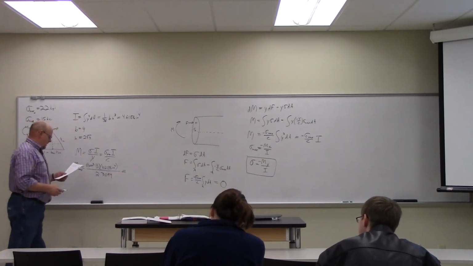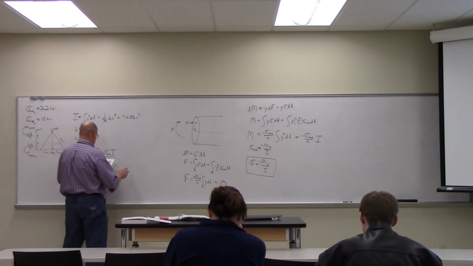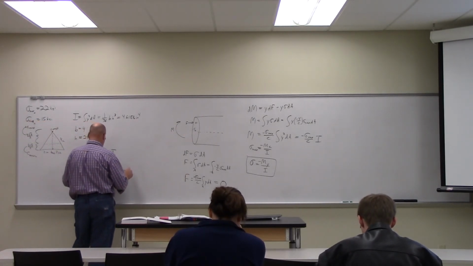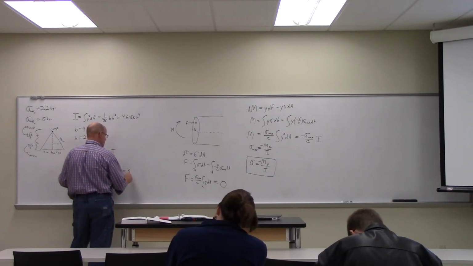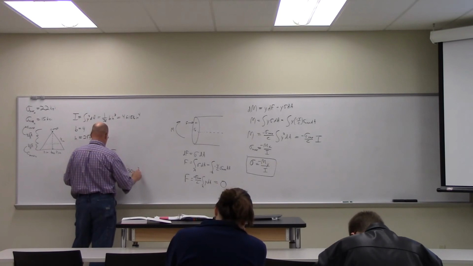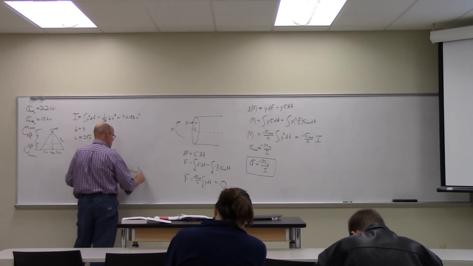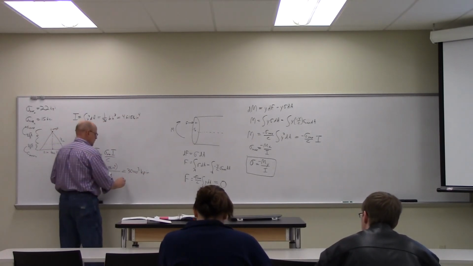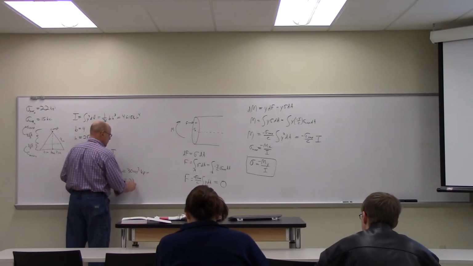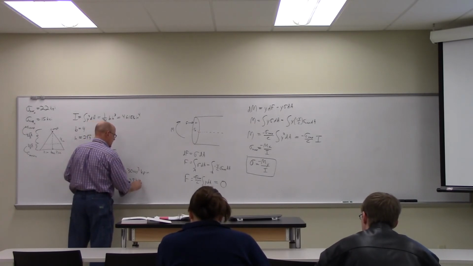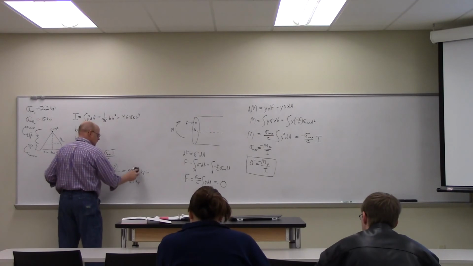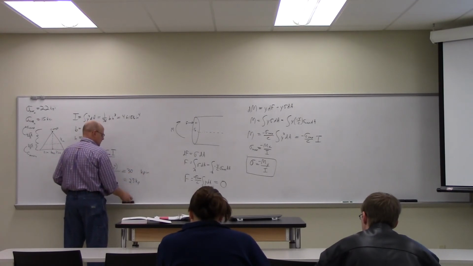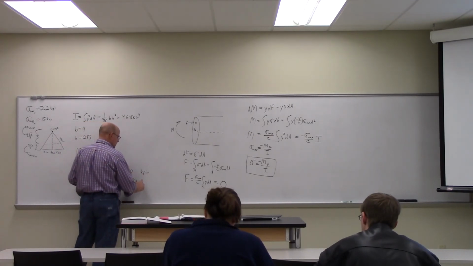All right, and we do that, and we get M for compression is 30 kip inches, which is 22.5 kip feet.